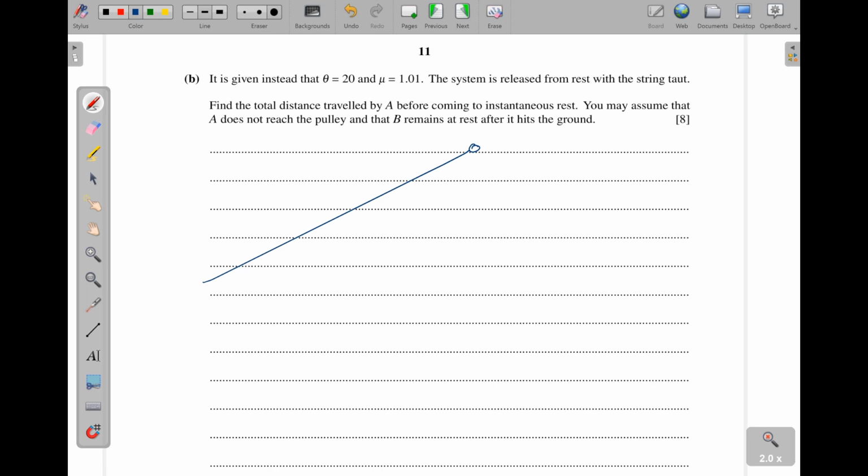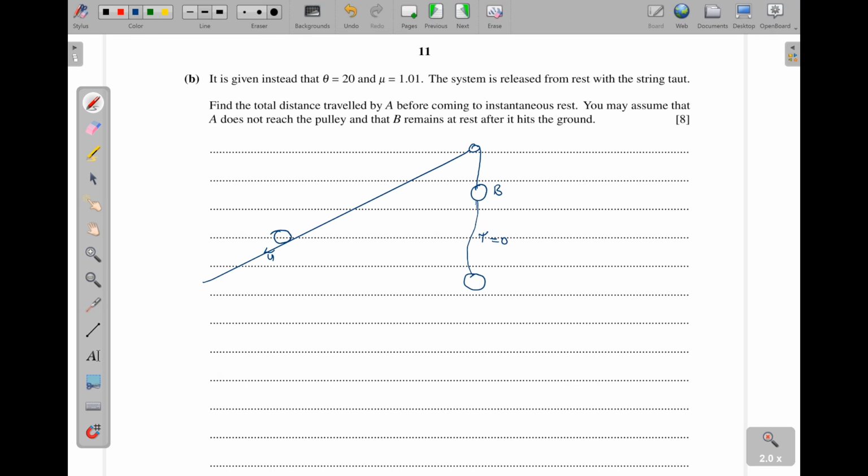So we have the particle B here. Then by the time it comes and sits on the ground, the string becomes slack when it is here. So that means the tension here is 0. We have our particle A here.